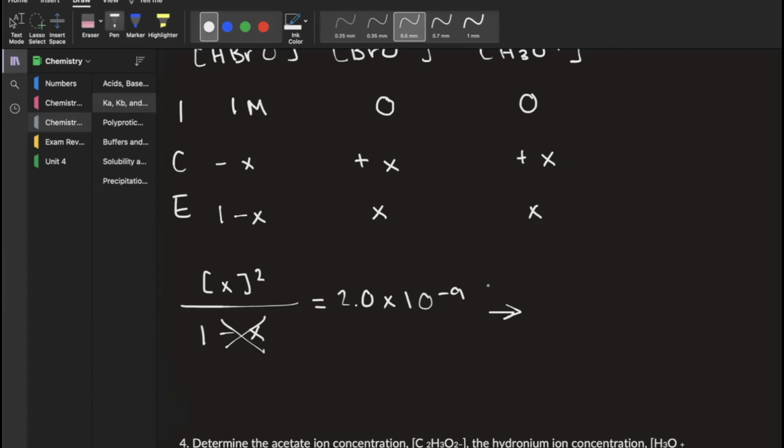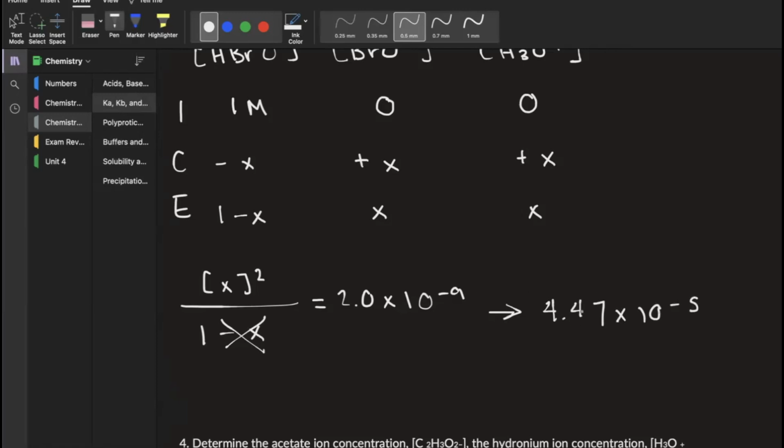So we find the square root of 2.0 times 10 to the negative ninth, and that is going to give us 4.47 times 10 to the negative fifth.